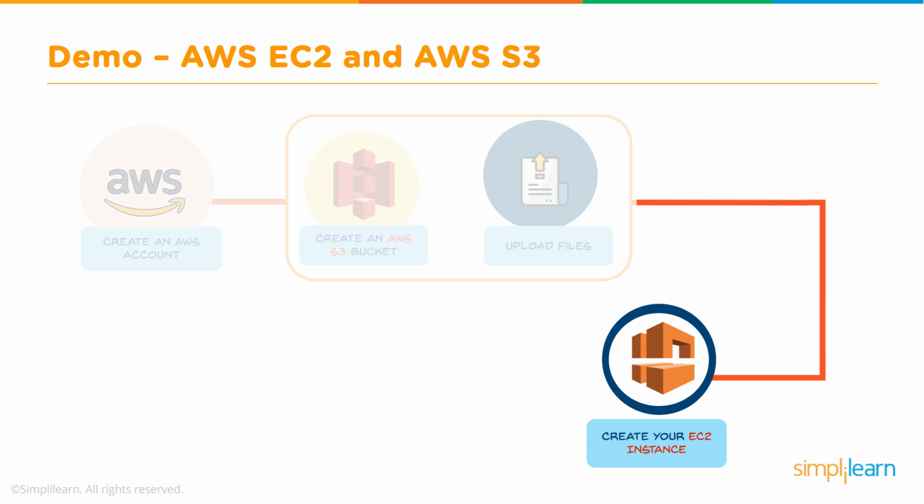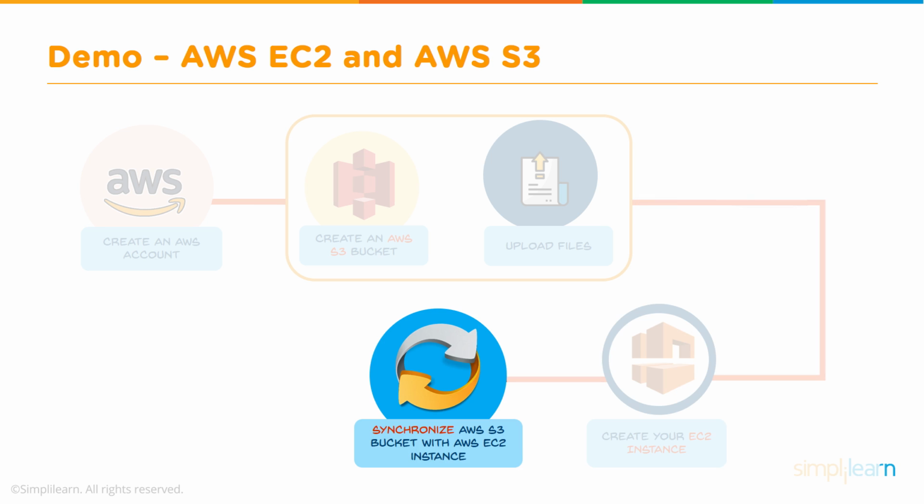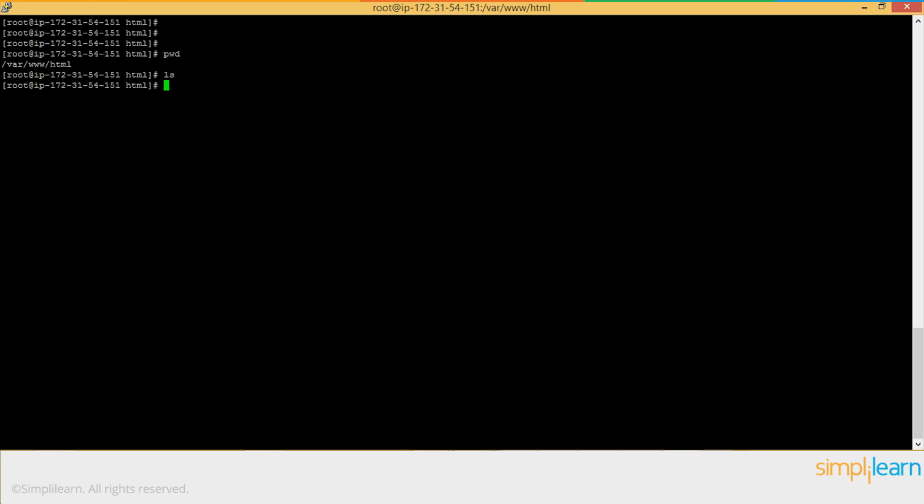And the EC2 instance has no files in it. And the fourth step is to synchronize the source code bucket with the EC2 instance. Let's do that. The actual command to do that would be aws s3 sync, and then the name of the bucket from which we're going to pull the code, and the folder in which we're going to put the code or the data. Alright, so it has downloaded something.